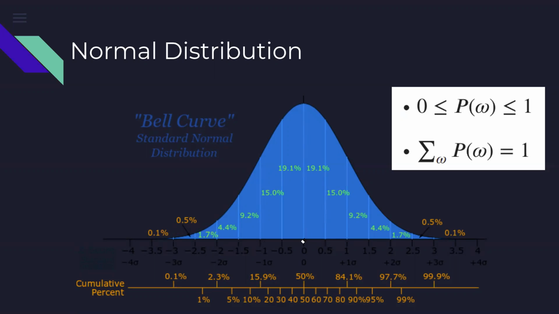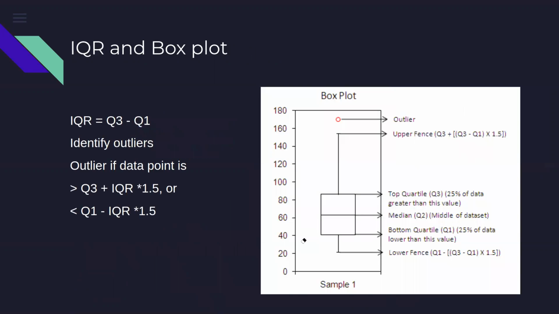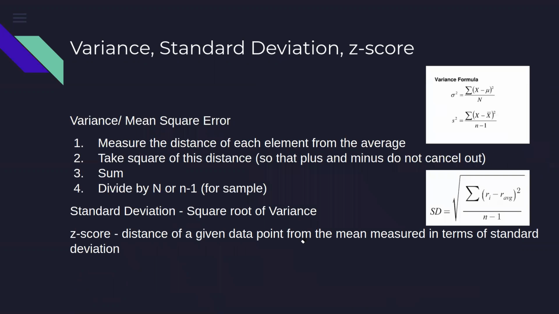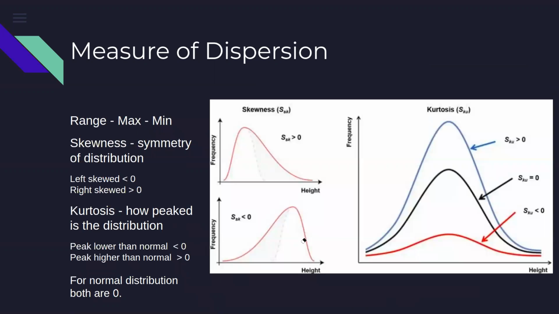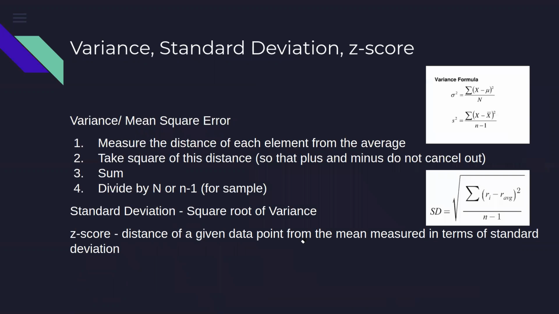We'll go into the statistics of that later, after we have computed certain other measures like the variance and standard deviation. So I will refresh the concept of the variance and standard deviation for you.